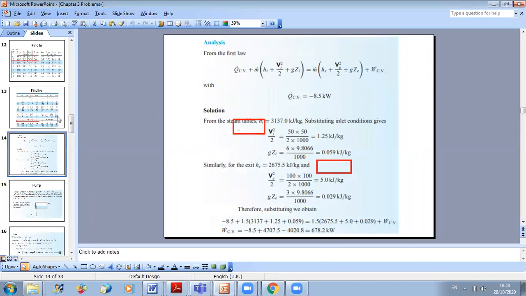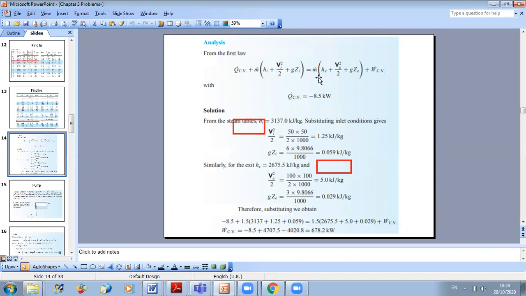For this control volume, which includes the turbine, we have the heat provided to the control volume plus m dot inlet times the energy of the inlet state, which is H inlet plus velocity at the inlet squared over 2 plus g Z1, equals m dot, which is the same because from the continuity equation, the mass flow rate that is entering is equal to the mass flow rate that is exiting the system.